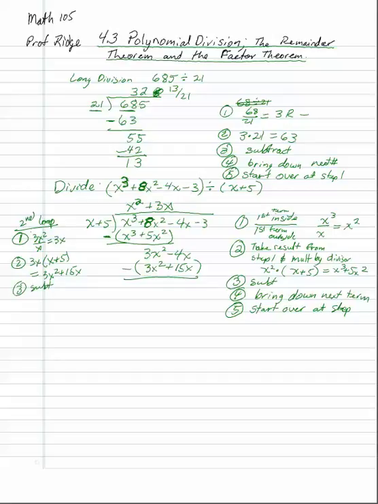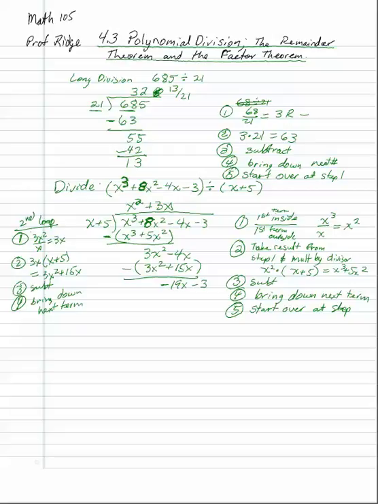So we get 3x squared minus 3x squared is 0. Minus 4x minus 15x is minus 19x. Then you're going to bring down the next term. So let's see. So that's the minus 3. And then we're going to start over at step 1 again.